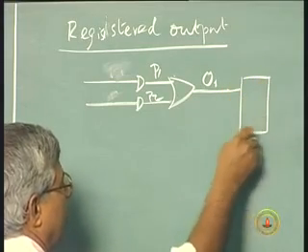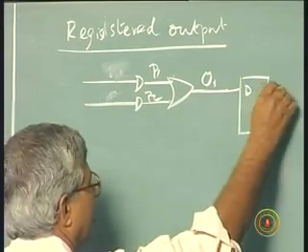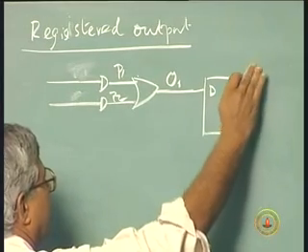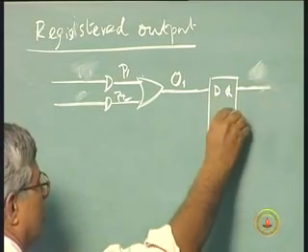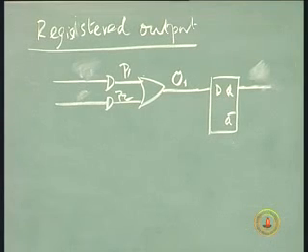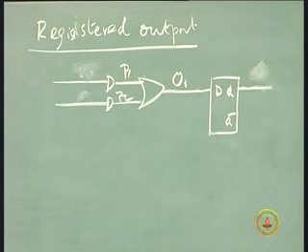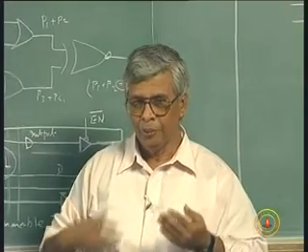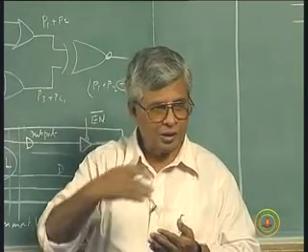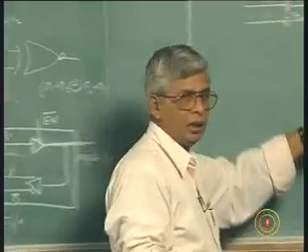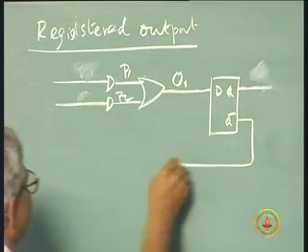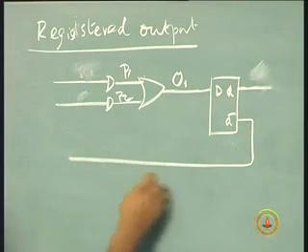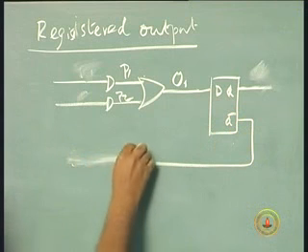So if this is my D flip-flop as an example, this is my output function Q, and this has to be used as a steering input also for the next. See, state variables are also used as inputs, is it not? Present state variables are the inputs to the next state. So I want the output of this also fed back for availability as inputs.